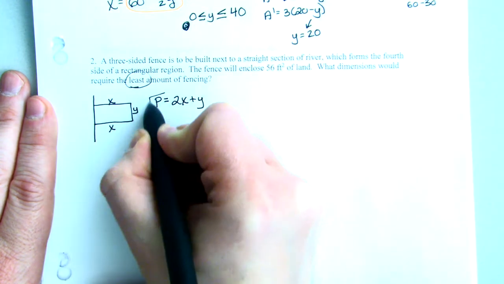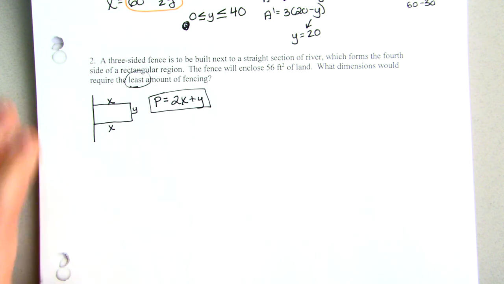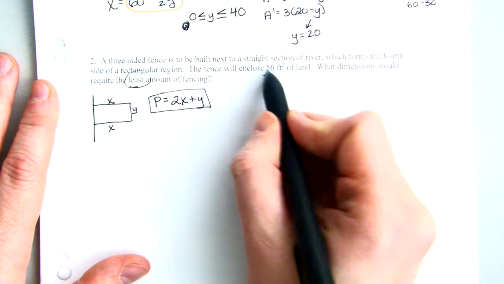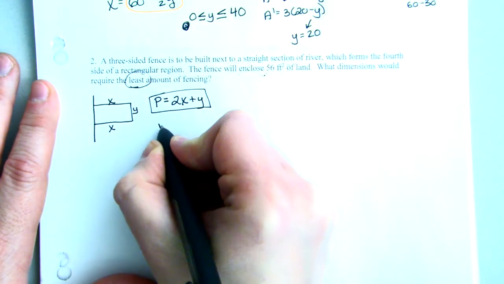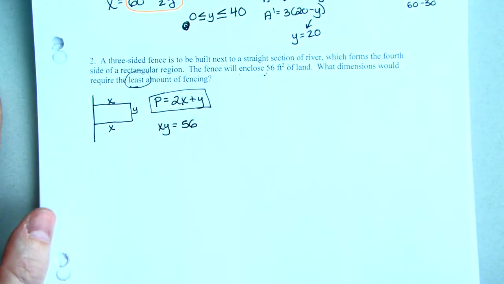This is the thing that I want to minimize. Tell me what the secondary equation will be. If we're told the fence is going to enclose 56 square feet of land, I think my secondary equation can be xy equals 56.